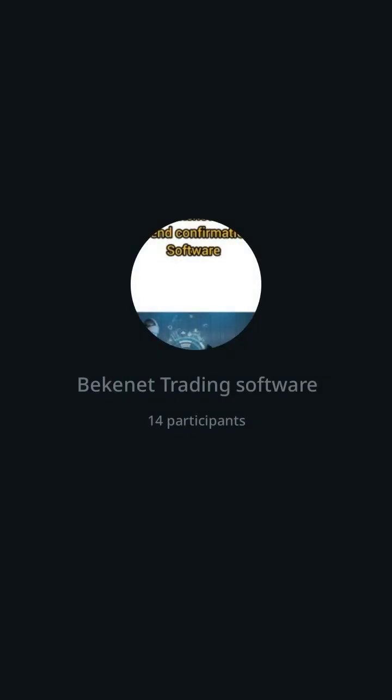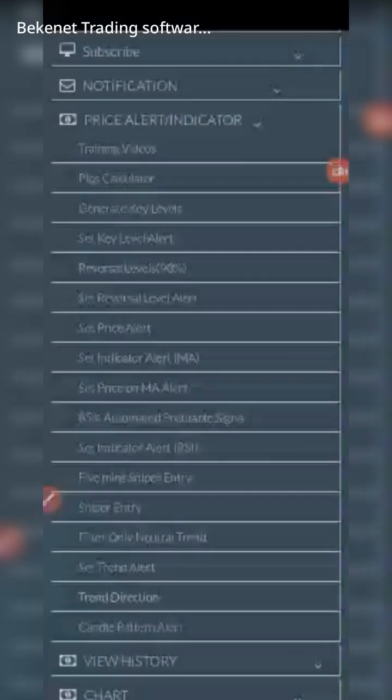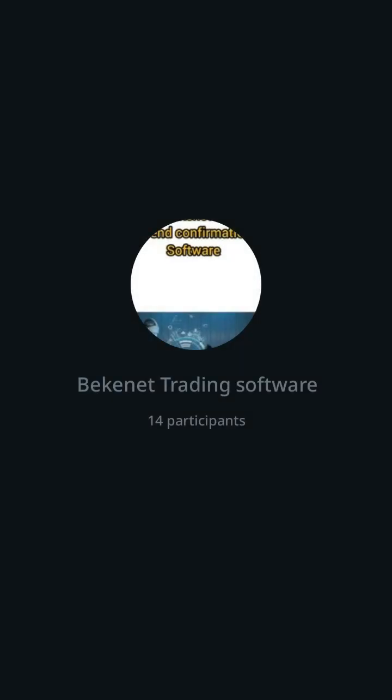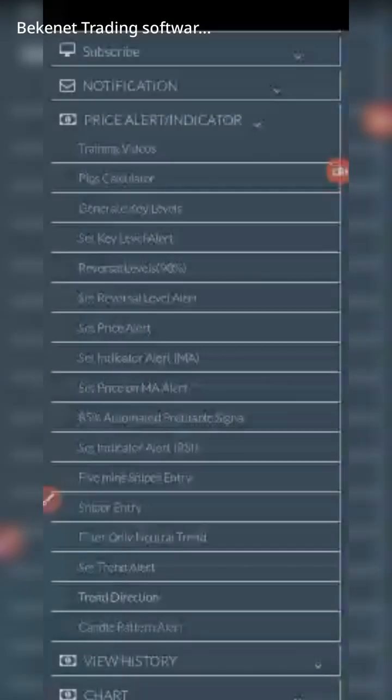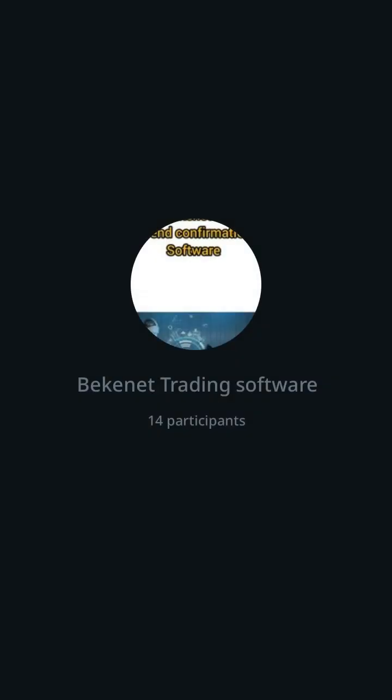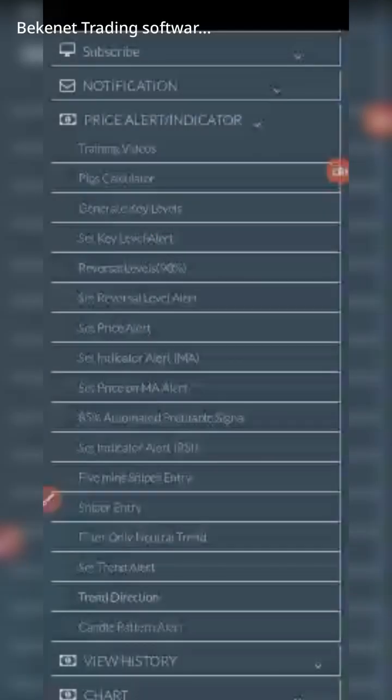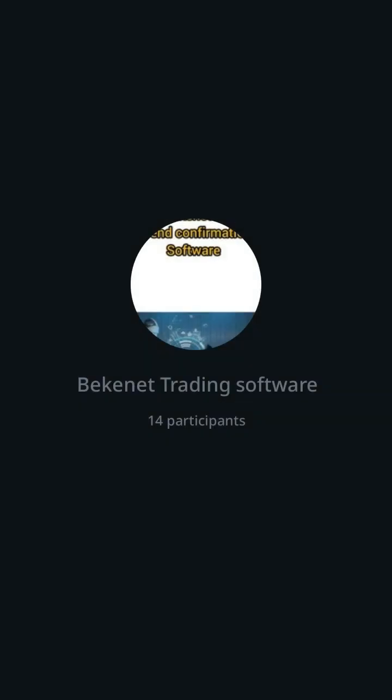The 32 pairs are there. So if the system is not capturing your pair at that particular time, that means it does not have any information about that pair. But we have gold there. We have US30. We have all the pairs there. If you're not seeing it on that particular setup, that means the system has not gotten any meaningful information about it. That's why it's not there.